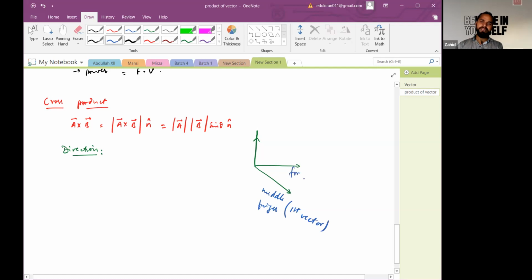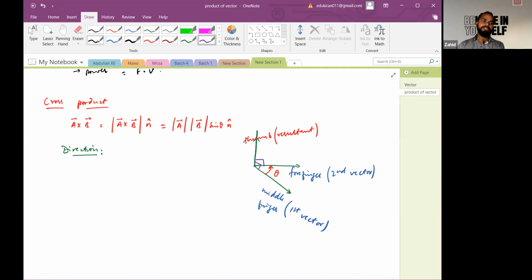This is the forefinger, which will align towards the second vector. Then the thumb will point towards the resultant of this particular product. Let's say A cross B. So there will be theta in between as this. And this resultant would be perpendicular to A as well as to B.